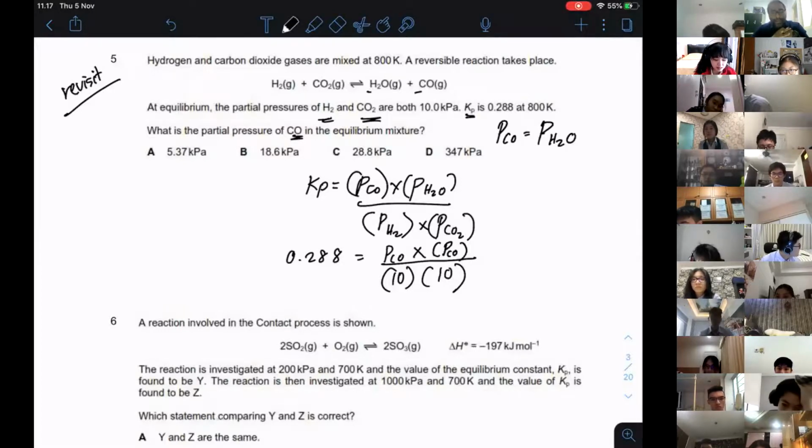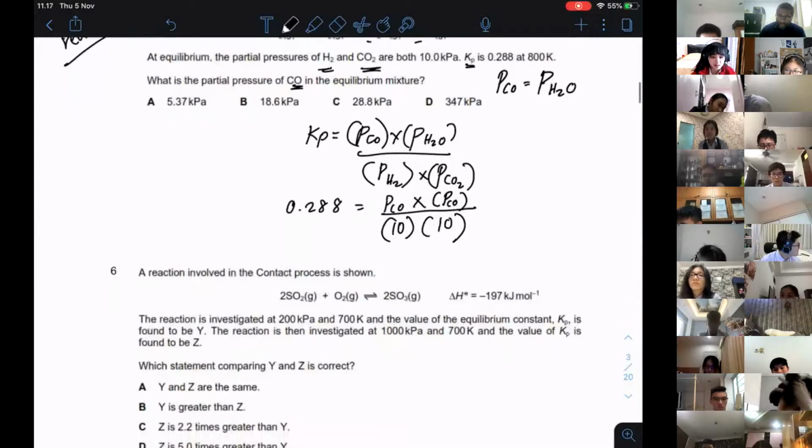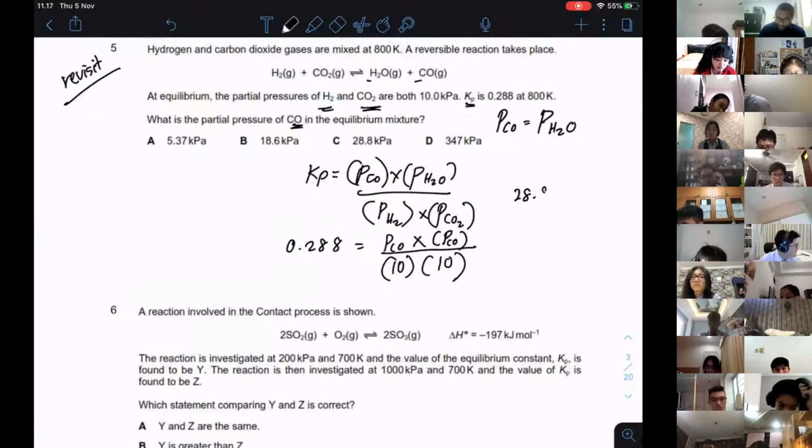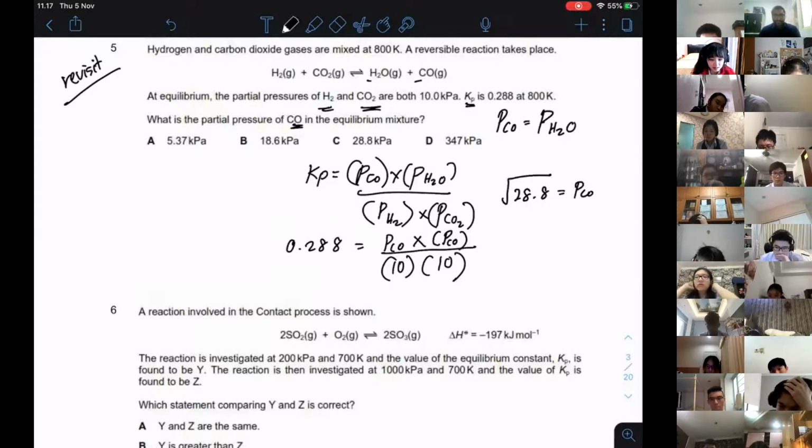So here, when I have this, what I need to do is just to calculate. So this is 100. When you times that, you will get 28.8 equals the partial pressure of this. Then you need to square root. You'll get 8.